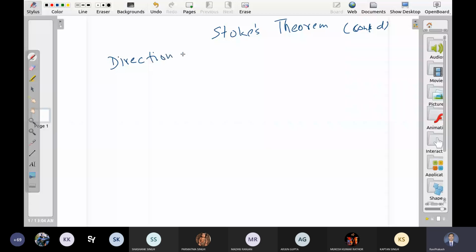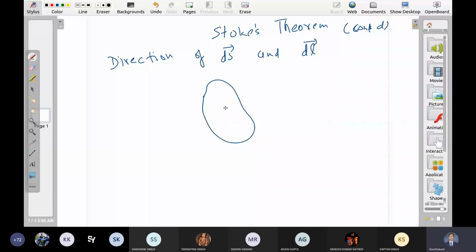So let us say we have some surface. This is some surface, okay, and this is some very small elementary area.